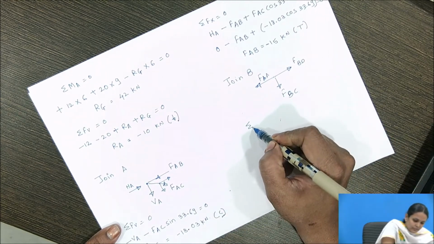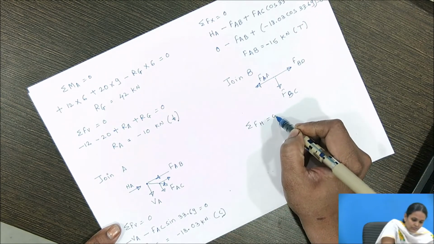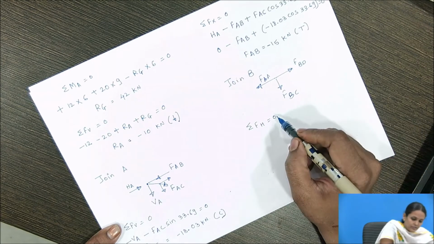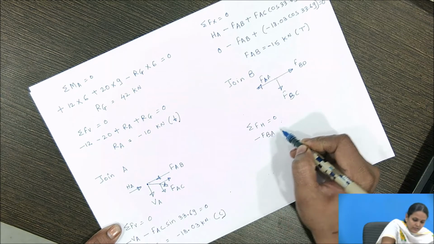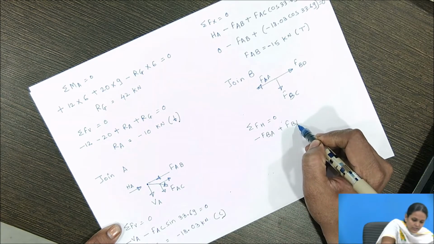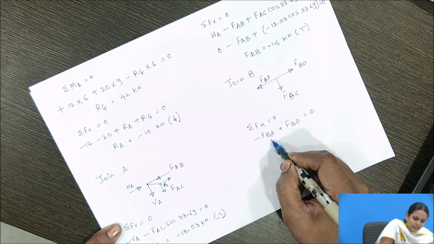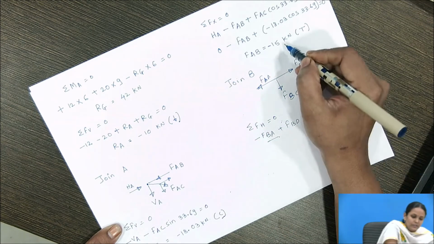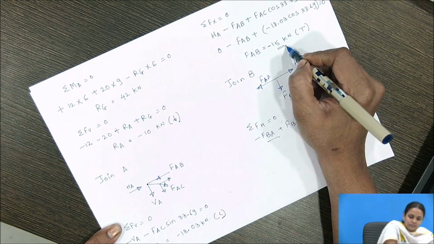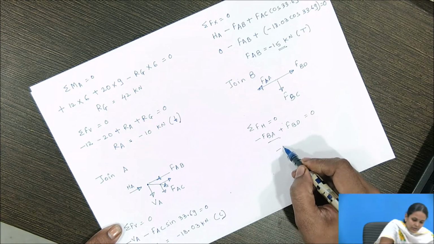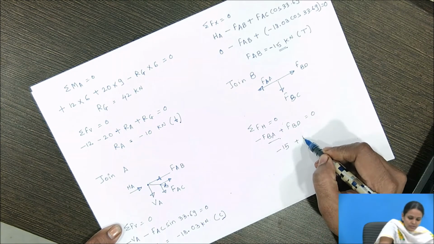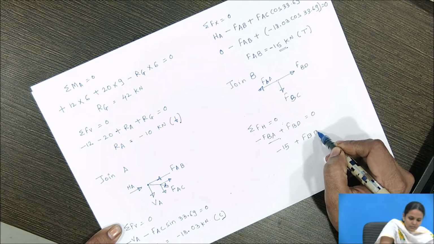First I will consider sum of all horizontal forces is equal to 0. That is summation Fx is equal to 0. So it is minus FBA plus FBD is equal to 0. So what is the value of BA? We have calculated it as 15 kilonewton. So here it is minus 15 plus force in BD is equal to 0.